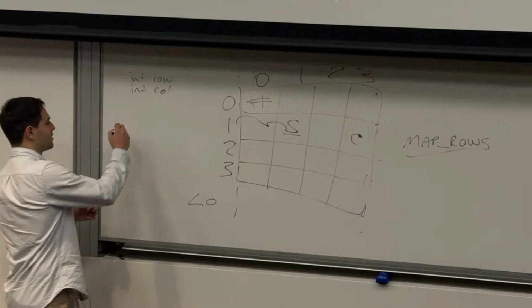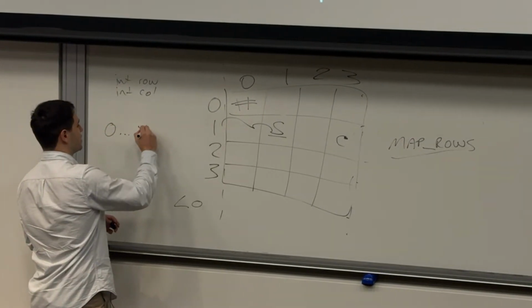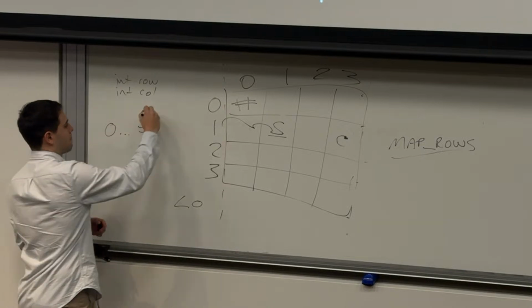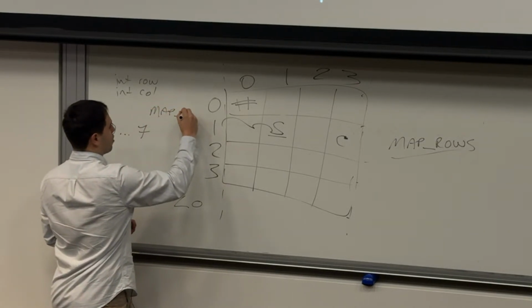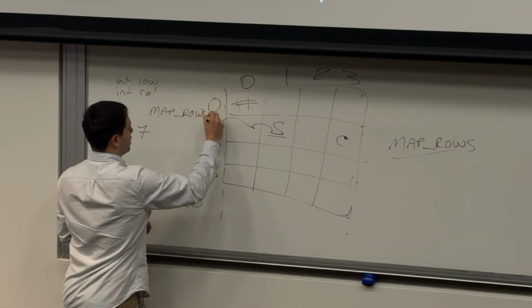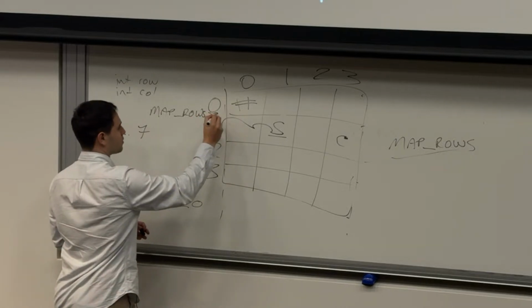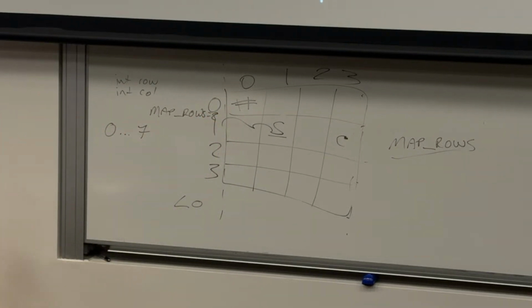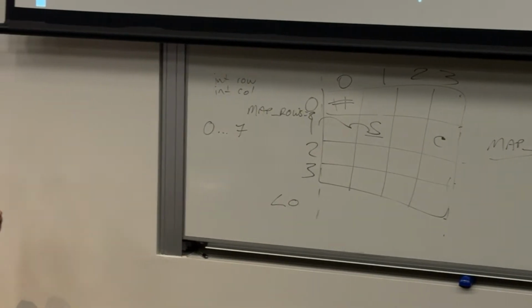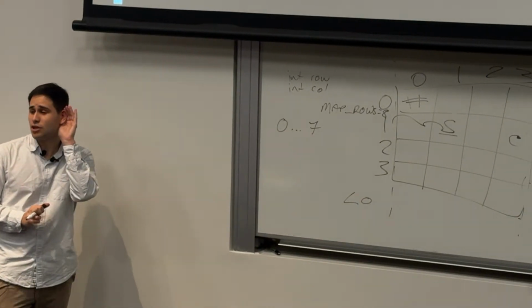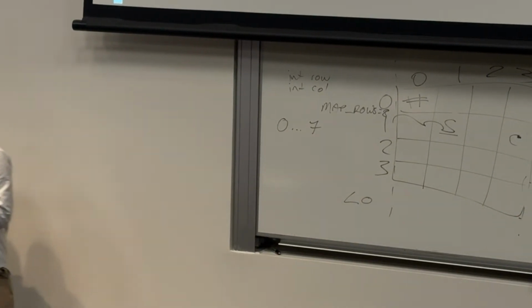So the valid indexes are 0 to 7, but map rows is 8. So is 8 a valid index? No. 8 is invalid.